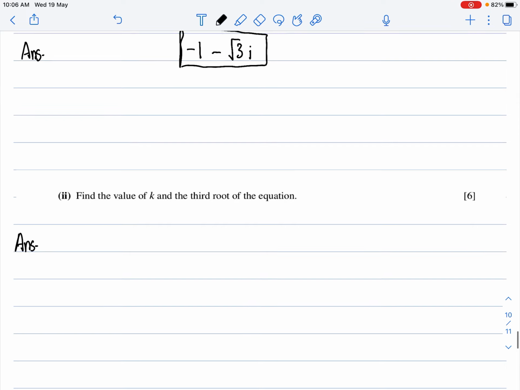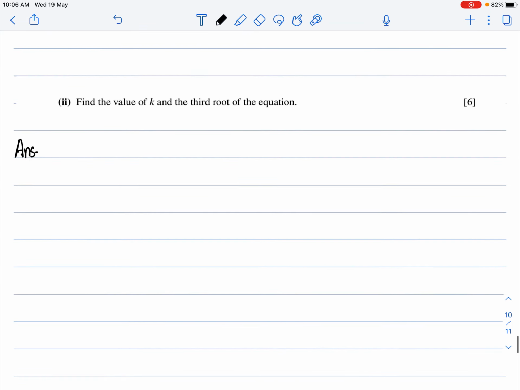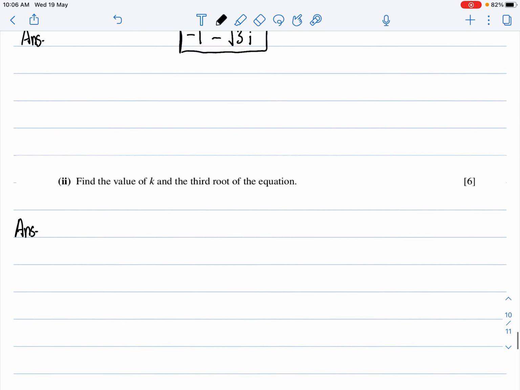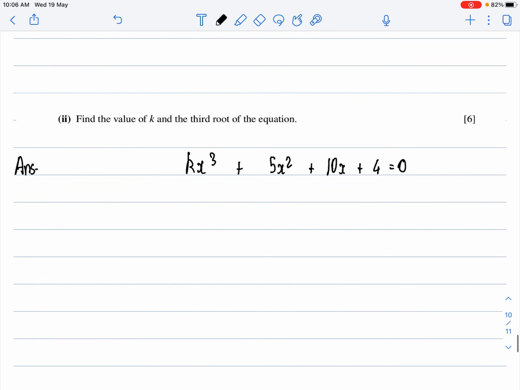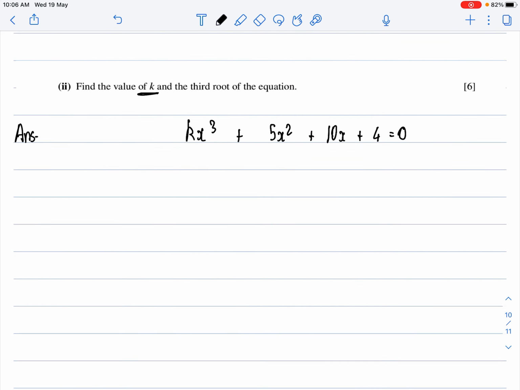Now, find the value of k and the third root of the equation. So I'll just write my equation here, which is kx cube plus 5x square plus 10x plus 4 equal to 0. First I need to find the value of k.